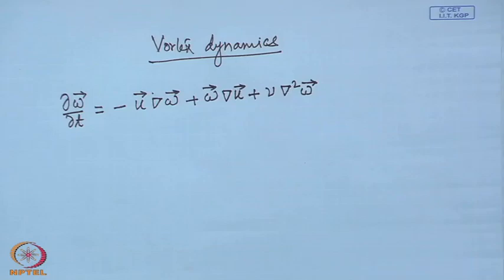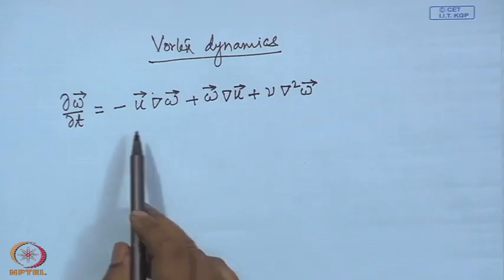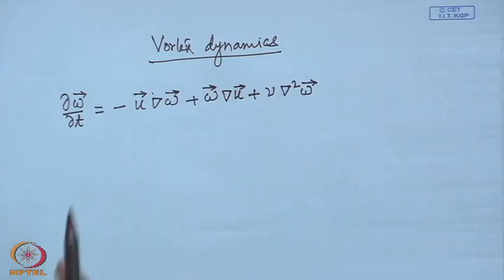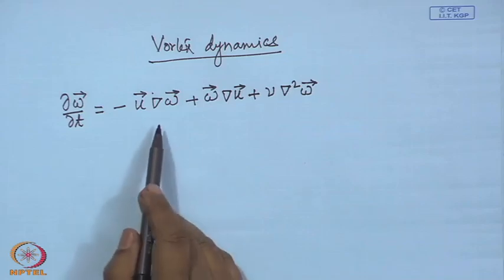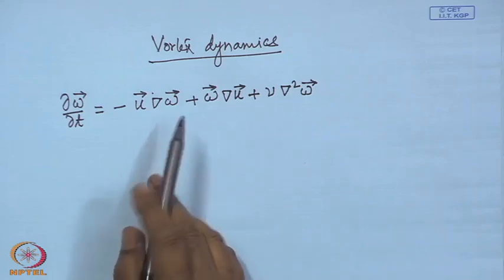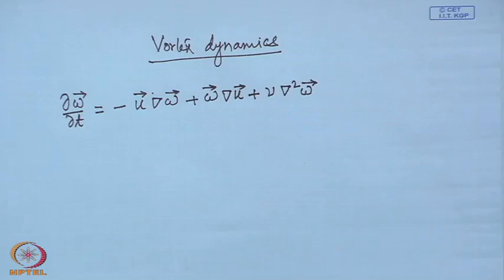Now, this equation shows how the vorticity at a point is likely to change. The first term on the right hand side simply gives that the vorticity can be convected with the flow itself. That means the flow can carry away the vorticity along with it.